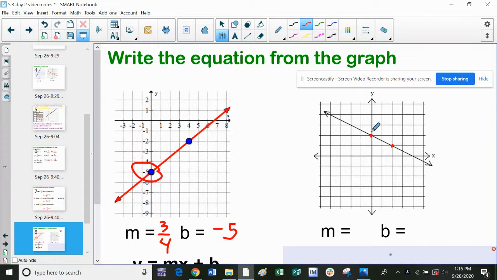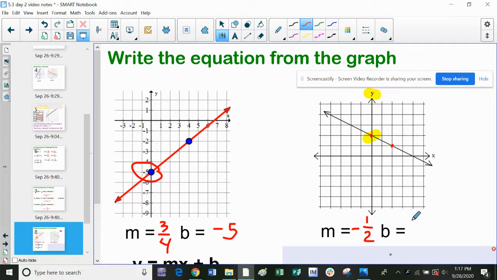So now what is my slope? I'm not going to go up and over. I have to go down and over to find my line. When I have to go down and over, that gives me a negative out in front. I'm going to go down 1 unit and then right 2 units. So my slope is -1/2. My y-intercept, where it crosses the y-axis, is right there.